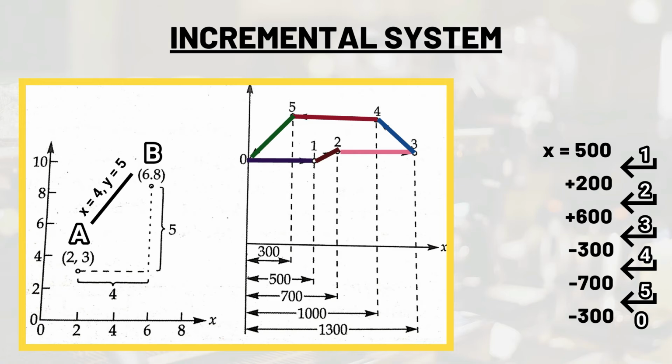The main advantage of this system is that inspection of the program is simple, because the sum of commands for each axis must be 0. A non-zero sum indicates an error. Also, mirror image programming is easy. It involves only the change of the signs of the command.